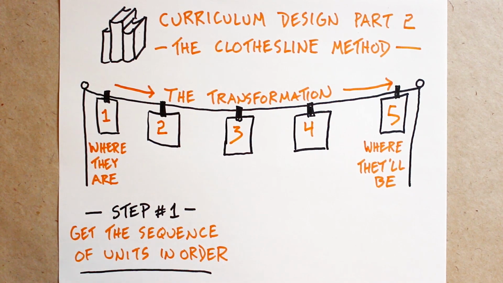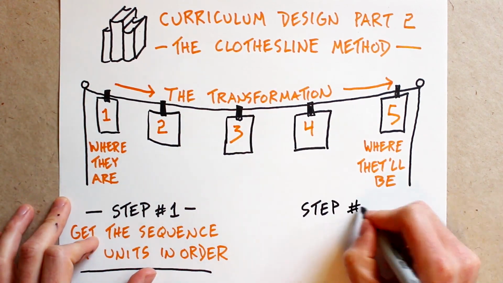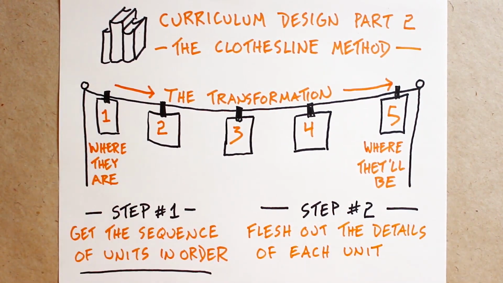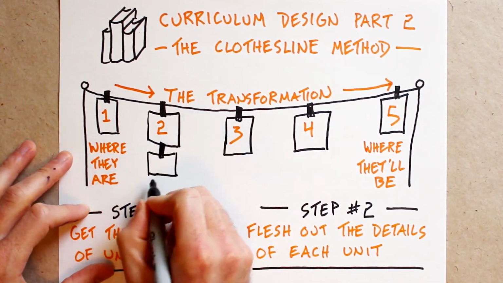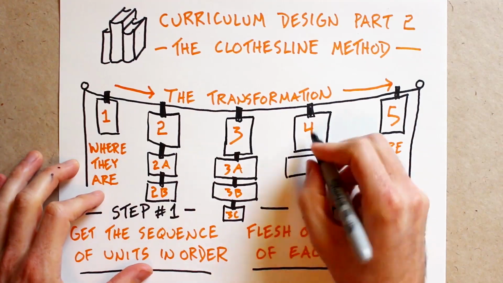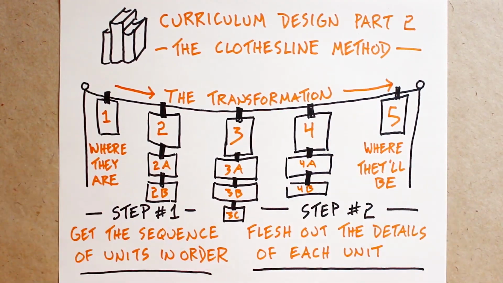Once you have that sequence in order, you can move to step 2, which is where you will flesh out the details of each unit. So now, instead of moving horizontally, you can add some depth to each of those units to plan out what exactly will occur in each of those.